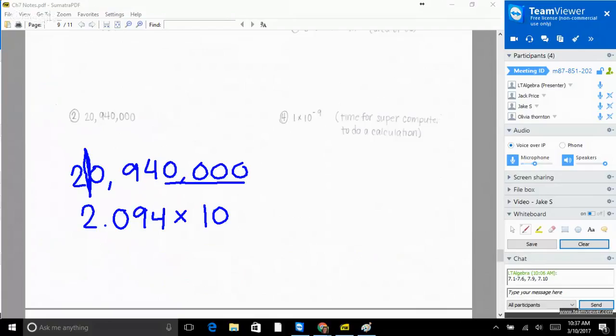Now I have to figure out which power. In order to get my decimal up here by 2, I had to move forward 1, 2, 3, 4, 5, 6, 7 decimal places. So this is going to be 2.094 times 10 to the 7th power.